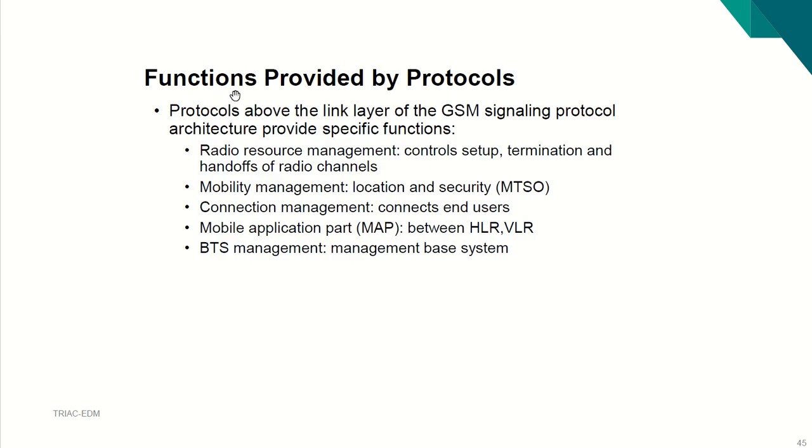And functions provided by protocols. Protocols above the link layer of the GSM signaling protocol architecture provide specific functions such as radio resource management, which controls setup, termination, and handoff of radio channels. So that's radio resource management.